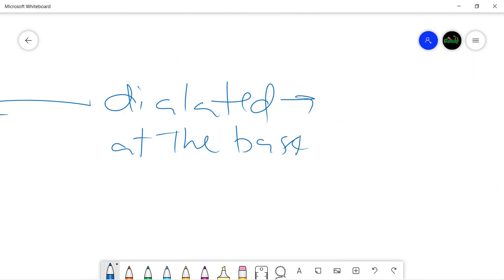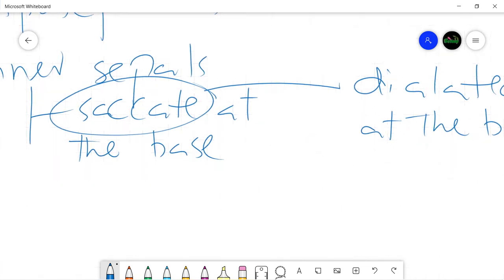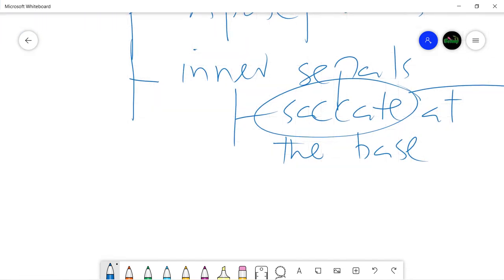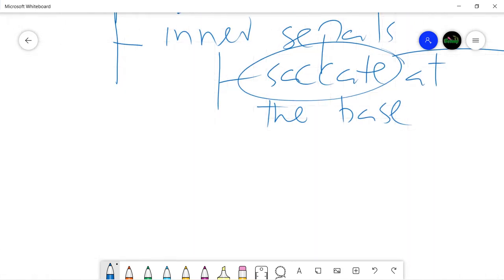So what is dilated? That is, they are somewhat swollen, they get bigger, so they are swollen at the base. So inner sepals are saccate at the base.